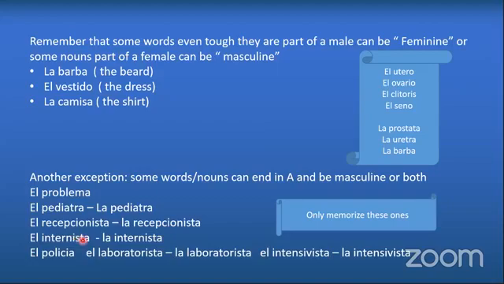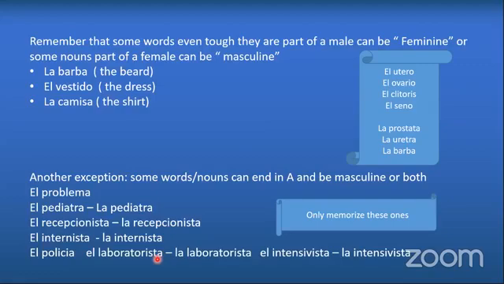The article changes. Same example here. El internista, la internista. We learned in the previous class. Internista is the internal medicine physician. And the only way that you are going to realize that it's a male or female is by the article. El policía, the policeman, la policía, the policewoman. El laboratorista. Laboratorista means the lab technician.